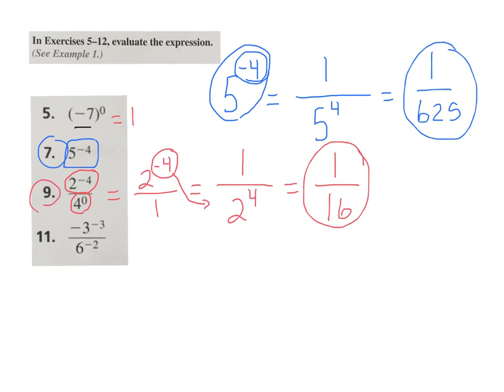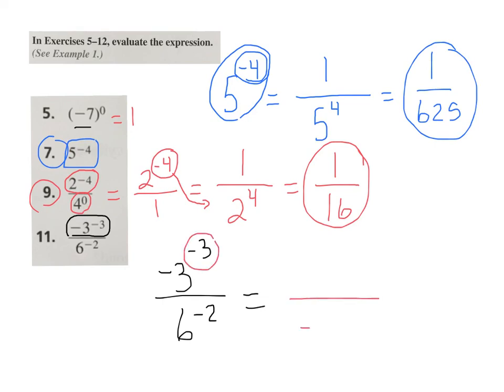Let's do number 11. On number 11, you've got negative 3 raised to the negative 3 power on top, and on bottom you have 6 raised to the negative 2 power. Well, in order for me to make the exponent on top, negative 3, positive, I need to put it on bottom. So I'll have negative 3 raised to the positive 3 power.